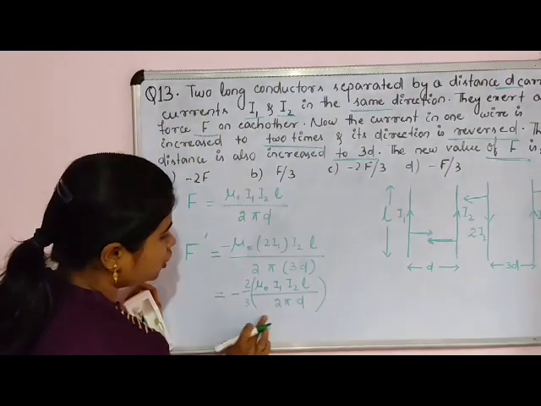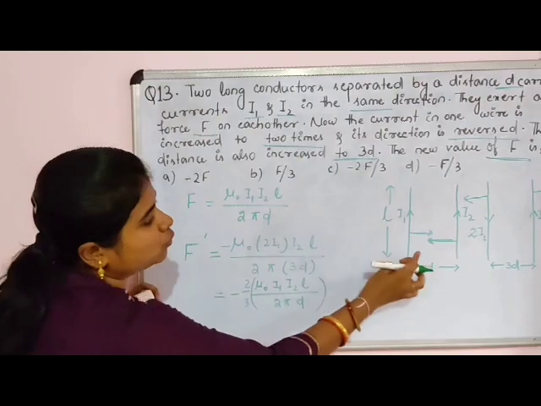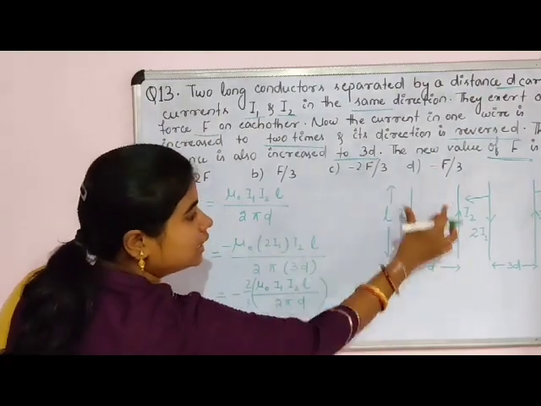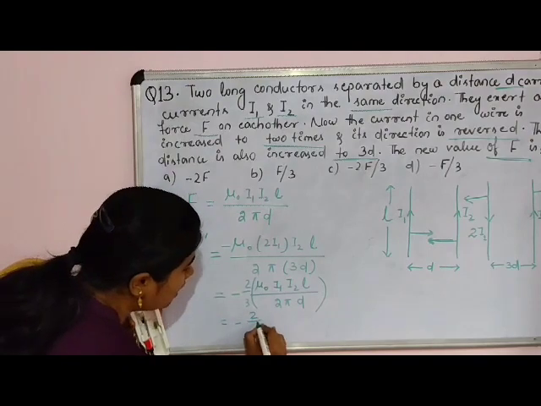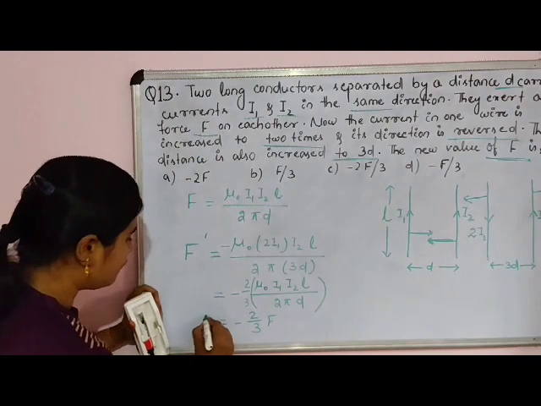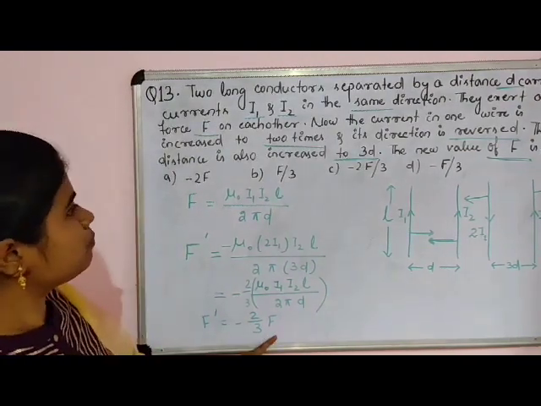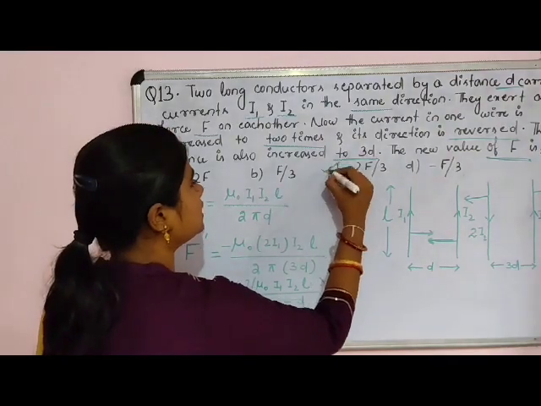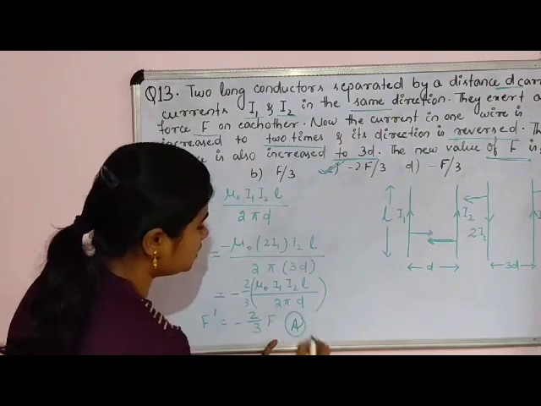Now this expression is nothing but the expression for the initial force which is acting between the conductors when the currents are in the same direction. So I can write it as 2 by 3 F. So now F dash is coming as minus 2 by 3 F. So yes, as you can see, this is the correct option and this is the answer for this question.